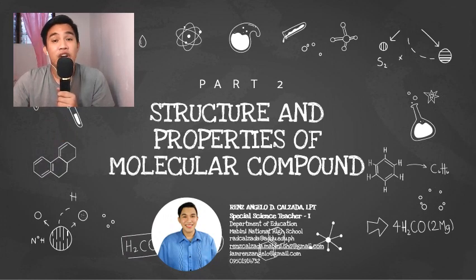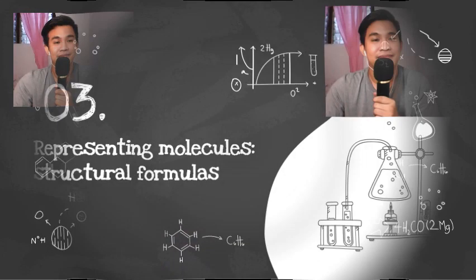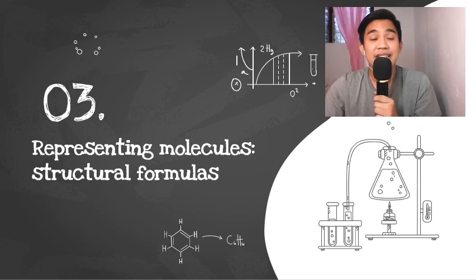Let us proceed to part two of this discussion, and that is all about the structure and properties of molecular compounds. Let us discuss now representing molecules through structural formulas.